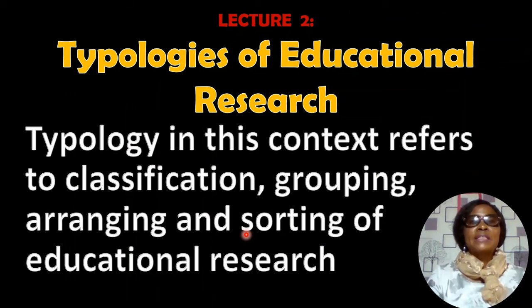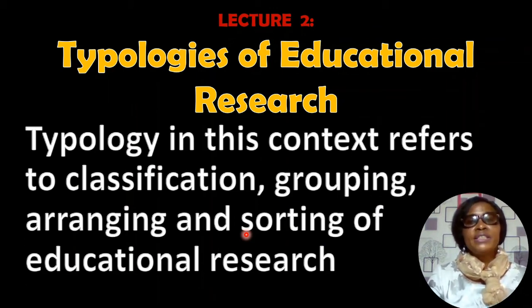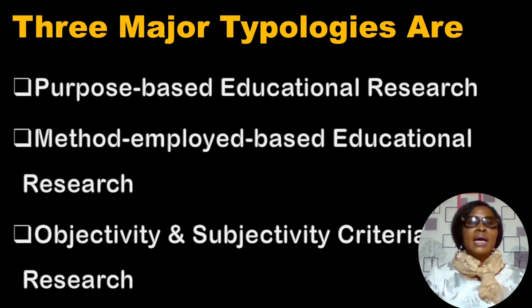When we talk about typologies in this context, it refers to classification of educational research: grouping, arranging and sorting of educational research. We want to look at the 3 major typologies in educational research.